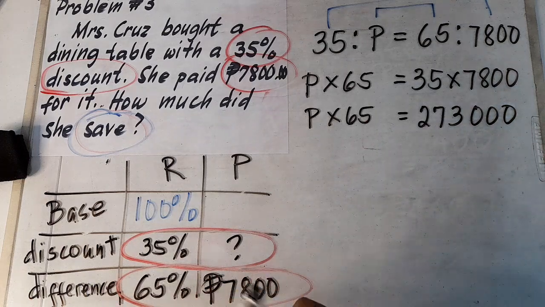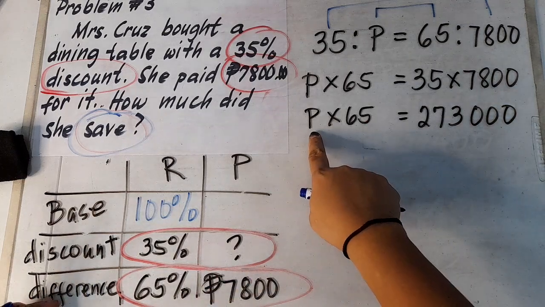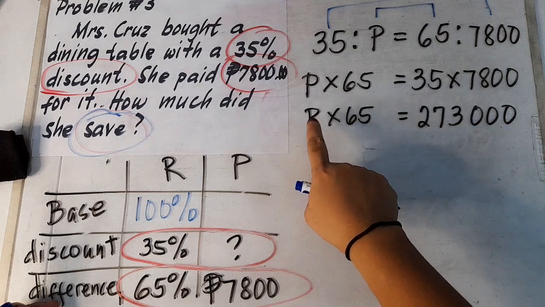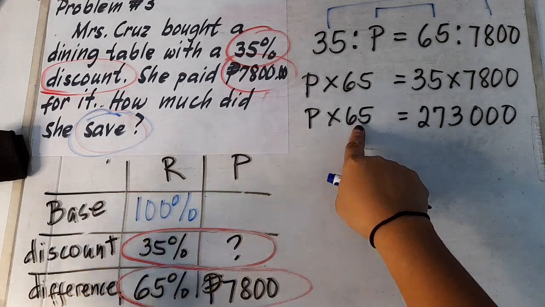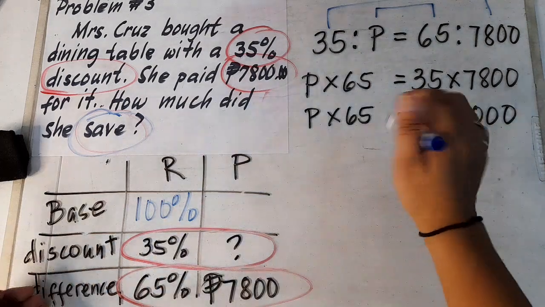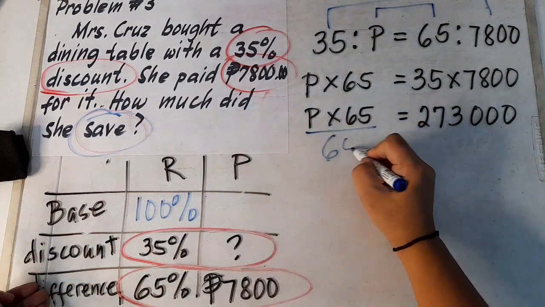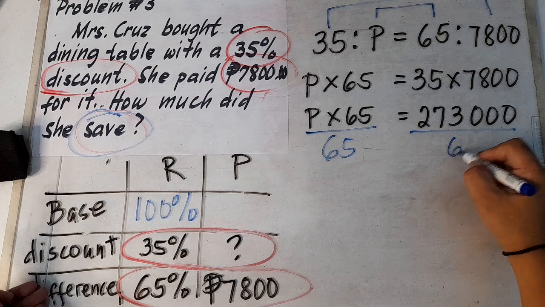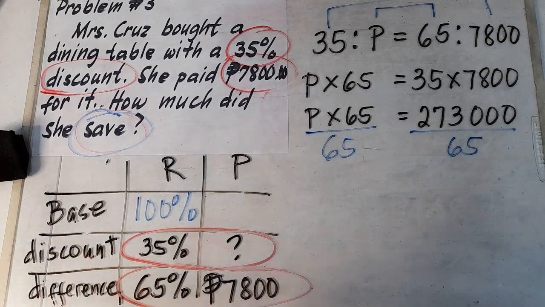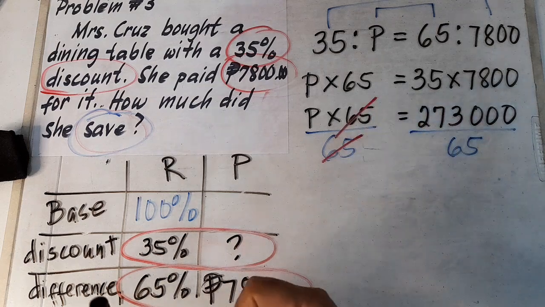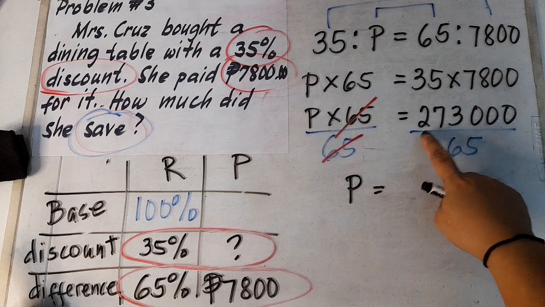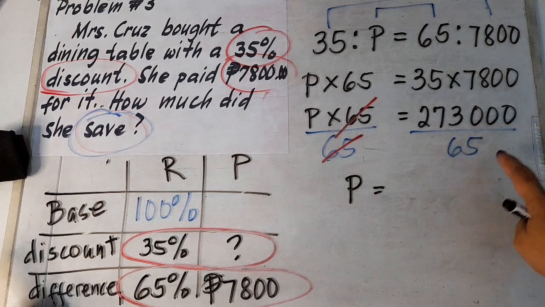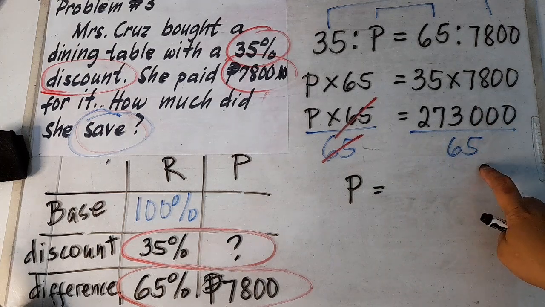Again, to solve for P, dahil may kasama siyang factor na 65, we divide both sides of the equation with the same number, 65. So, we could cancel out 65 here, leaving us with P. And what is 273,000 divided by 65?